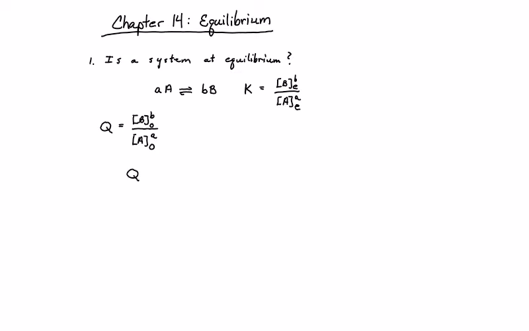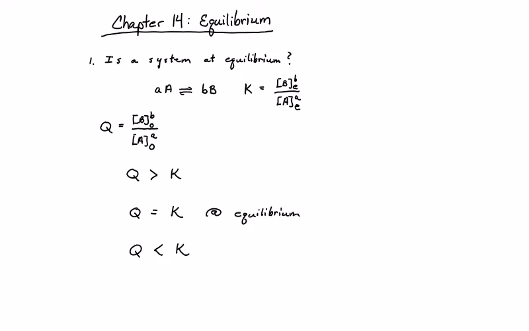The value of Q can either be greater than K, equal to K, or less than K. Now, if Q is equal to K, that means that these concentrations must be equilibrium concentrations. So if Q equals K, we are at equilibrium, and we don't expect that the reaction is going to proceed in either direction.